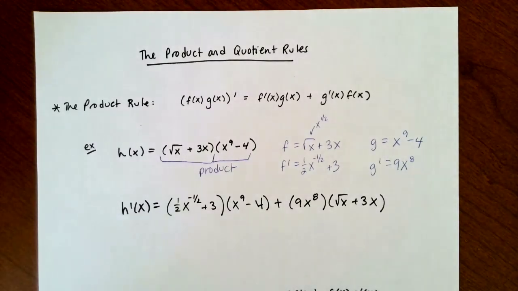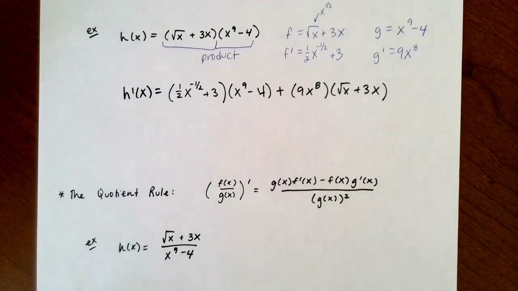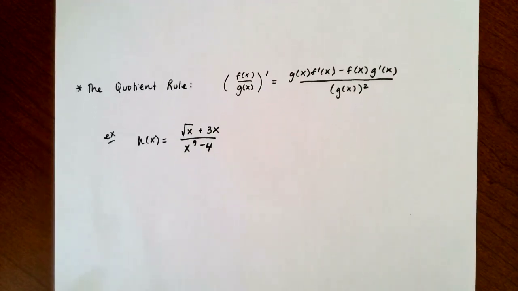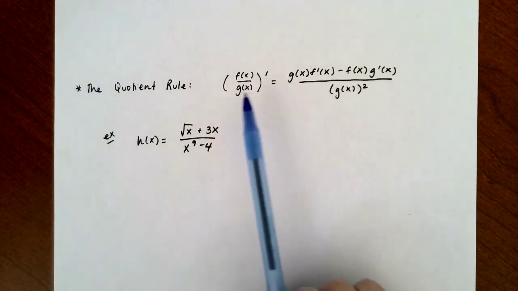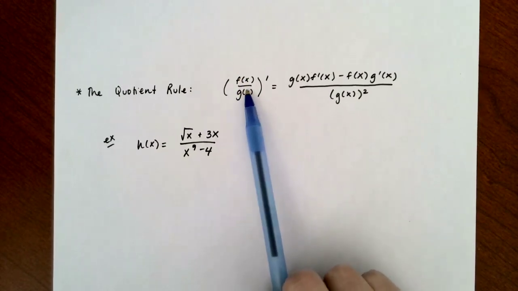Okay. Let's do a similar example, but with the quotient rule instead. So first we'll talk about the rule itself and then the similarities between our two examples. So the quotient rule is the formula that you're going to use to find the derivative of a function over another function. So it's a quotient or division between the two.